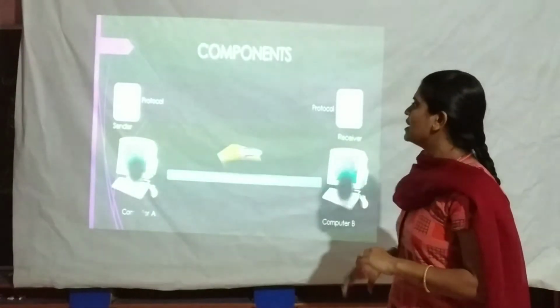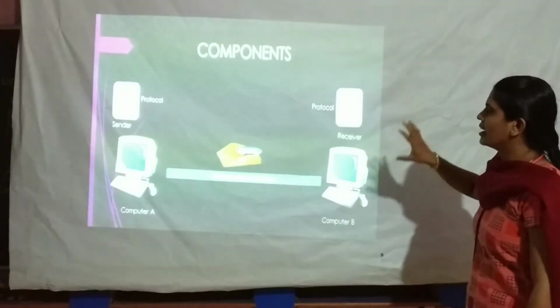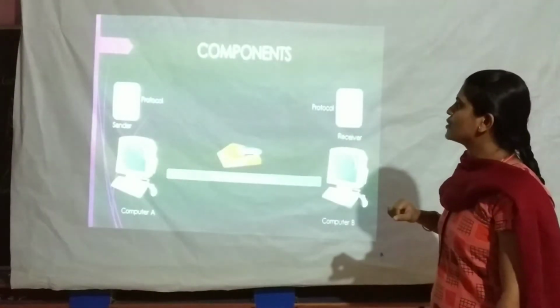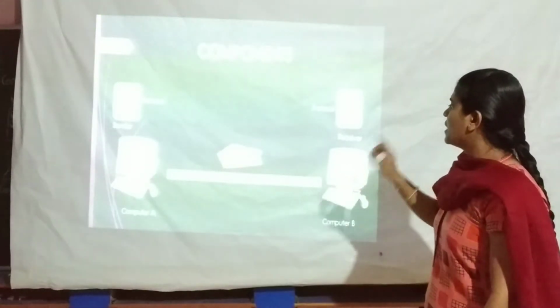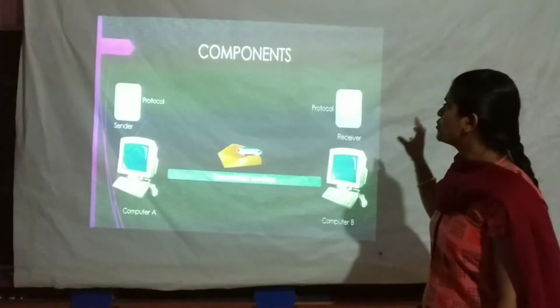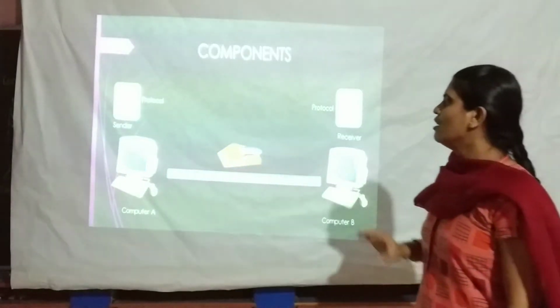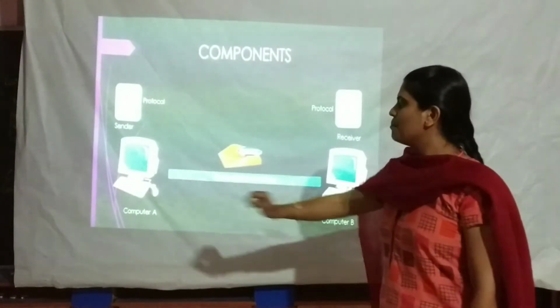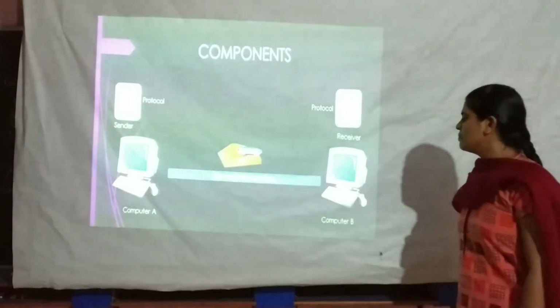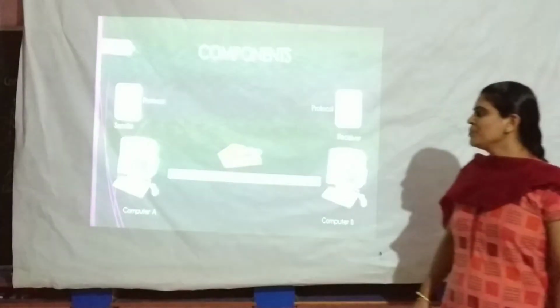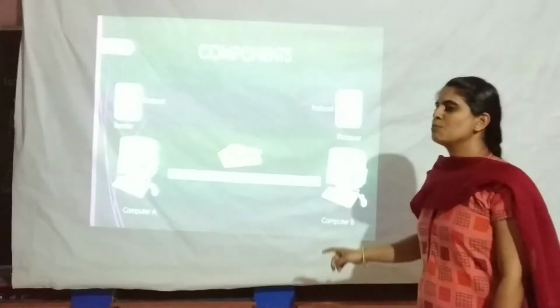Here is an image of how exactly the components of the communication system are organized. There are the protocols. Both the computing devices have to agree upon the same protocol for the communication. Here computer A is treated as the sender. Here computer B is treated as the receiver. And here there is a transmission medium.